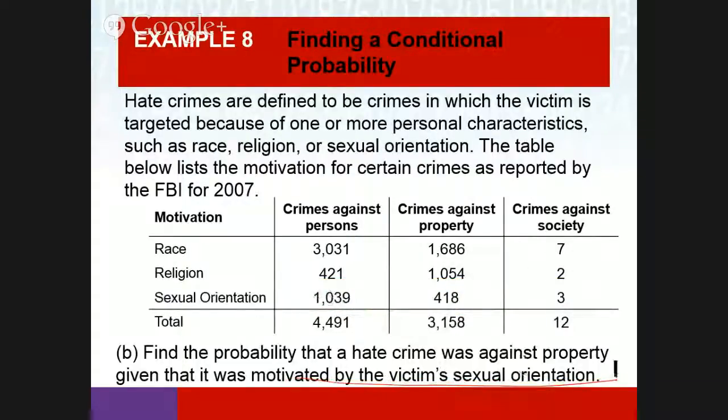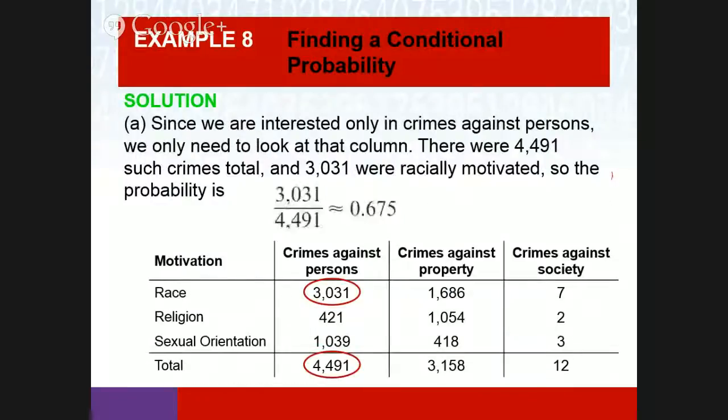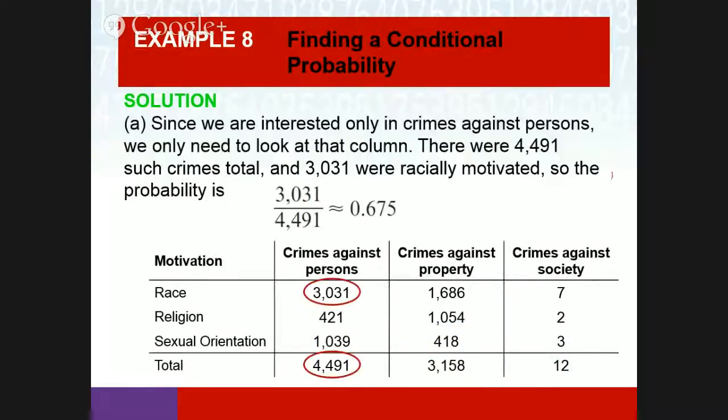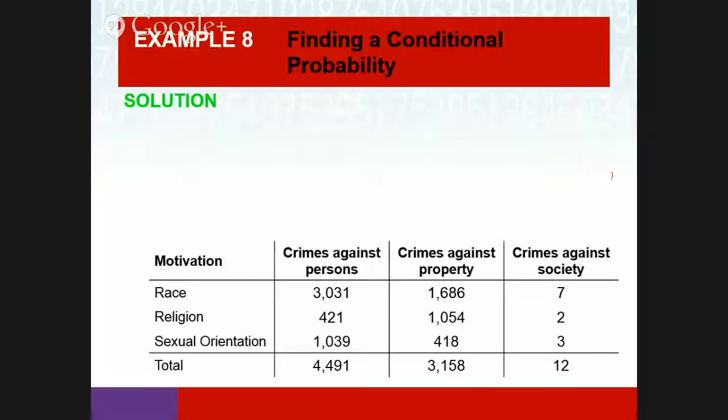The hate crime was against property, given that it was motivated by the victim's sexual orientation. What's given? Go back to B here.